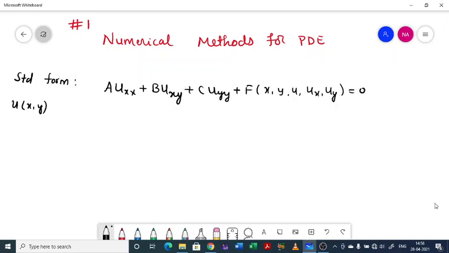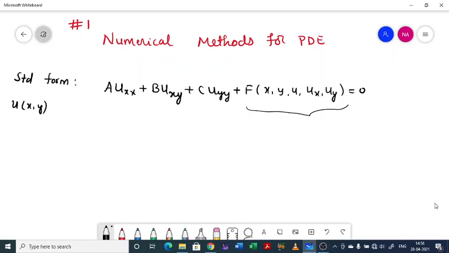If you look at this standard form, we have written the coefficients of the second order derivatives clearly, and finally we have collected all the terms that involve x or y or u or ux or uy. More precisely, the second order derivatives are with respect to x twice, with respect to x and y, and with respect to y twice.